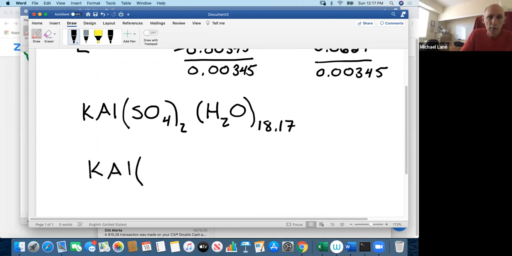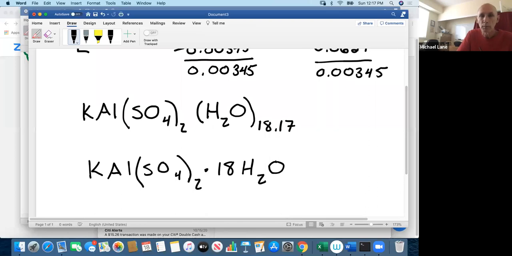So using my data, the empirical formula is determined to be potassium aluminum sulfate dot 18 waters. That ends our discussion. We'll be talking in class.